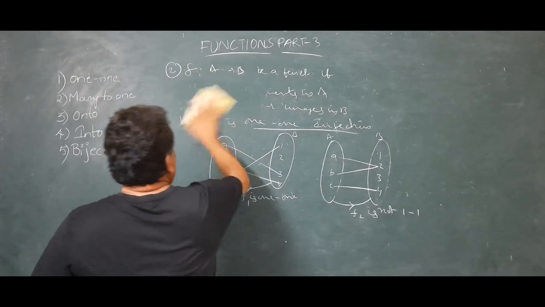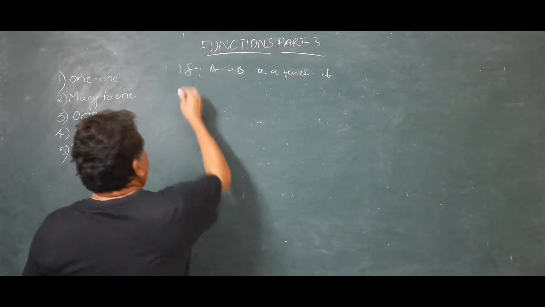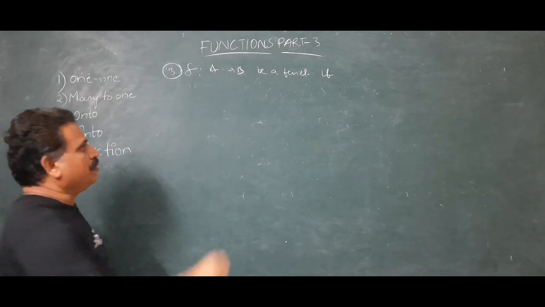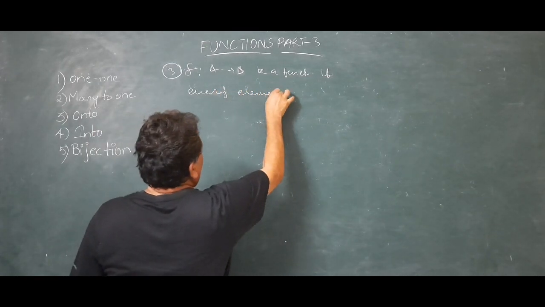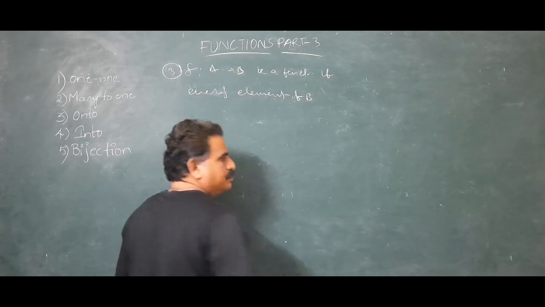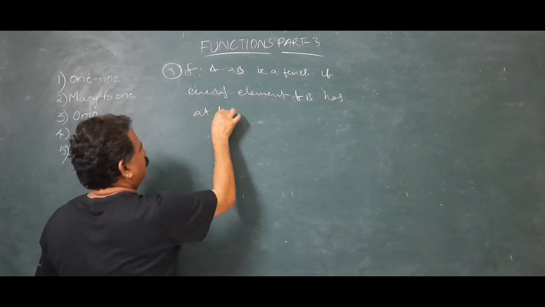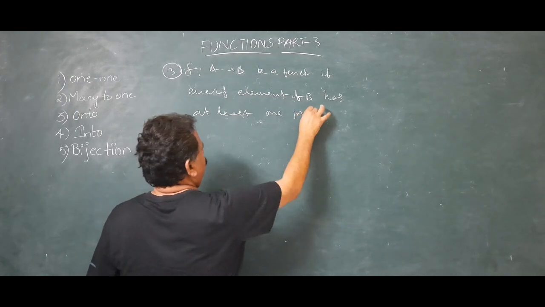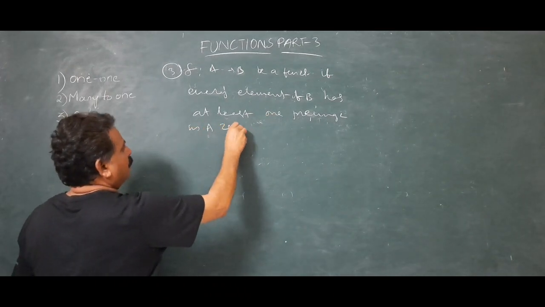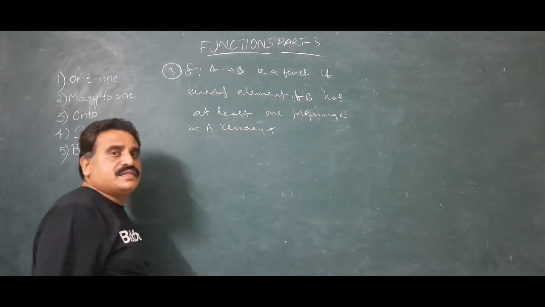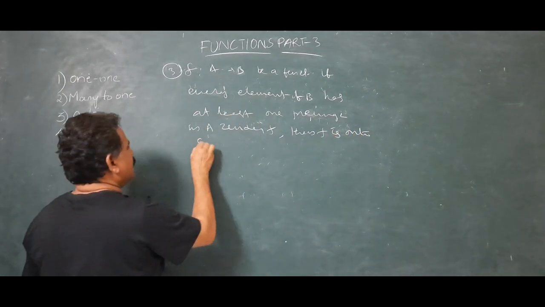If every element of B has at least one pre-image in A under f, then f is onto. This is also called a surjection.